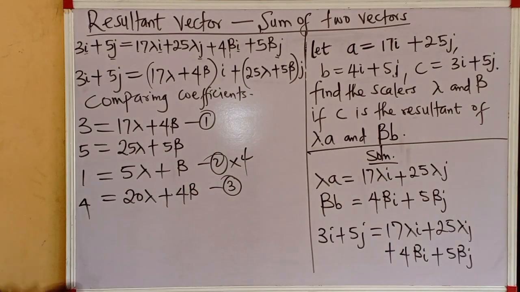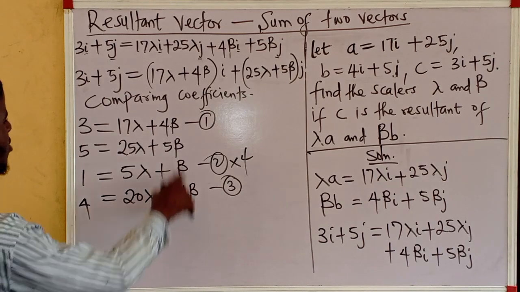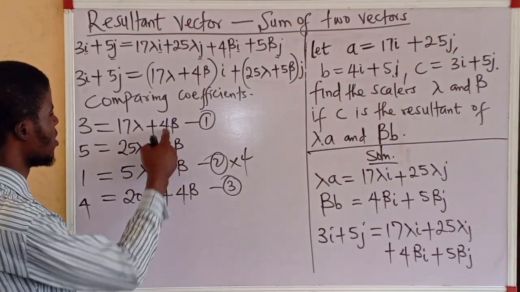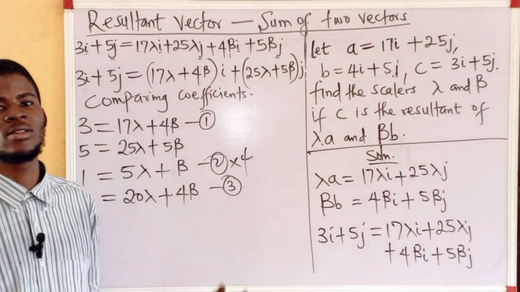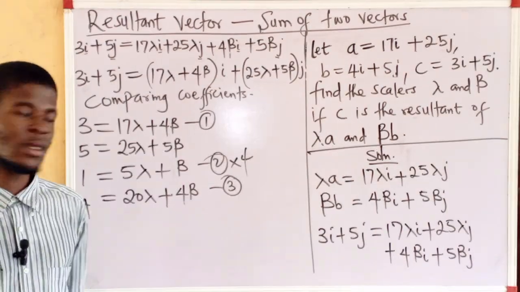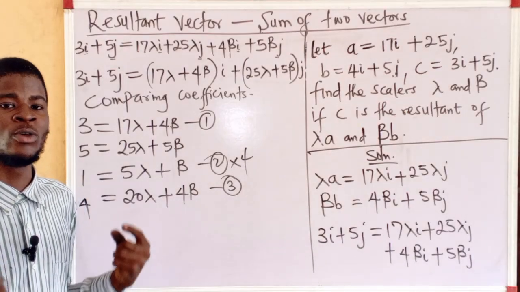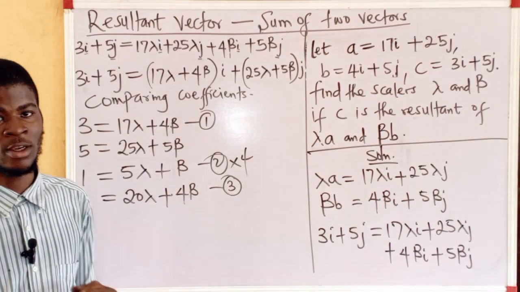Good. So I can easily do something now. They are the same, 4 beta, 4 beta. Since they have the same coefficient now, I can just subtract any of the equations from the other. I can say equation 3 minus equation 1, or equation 1 minus equation 3.